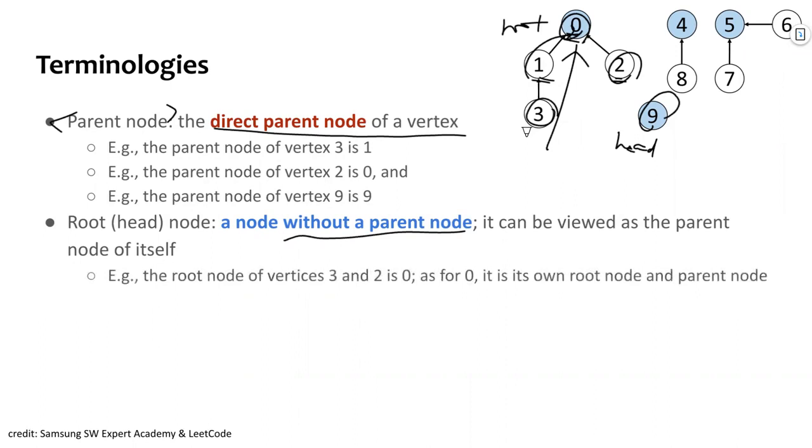The root node of vertices 3 and 2 is 0. And as for 0, it is its own root node and parent node. Likewise, the root node and parent node of vertex 9 is 9 itself. Okay, that was the definition of disjoint sets.